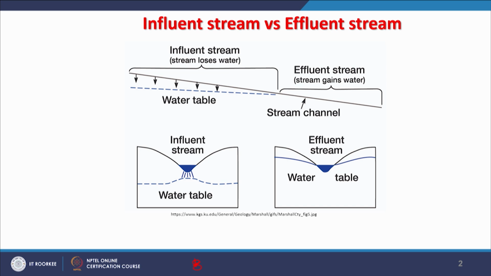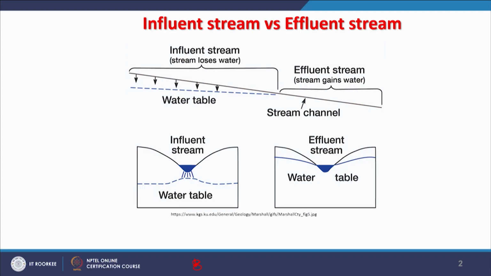So, it is basically flowing on the surface, because in conditions where the water table is shallow, the water table supplies the stream, whereas in influent streams, where the water table is deep, the stream loses water. So, these streams are recharging. Another important point I would like to mention is that the same stream at different stages in the flow may change from influent to effluent or vice versa.